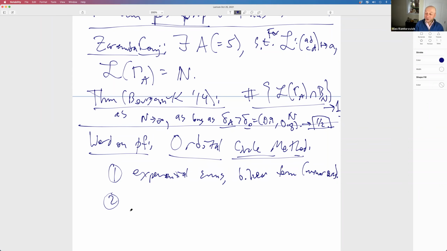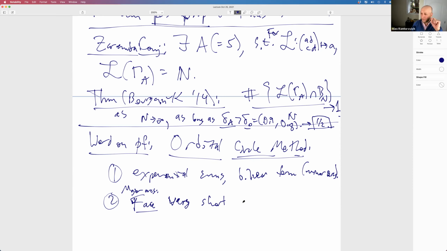And for the major arcs, something very strange happens. This is something I've never seen before. In the major arcs, what we face is very short sums. There's something called a singular series, and typically it is a very short sum that's absolutely convergent.